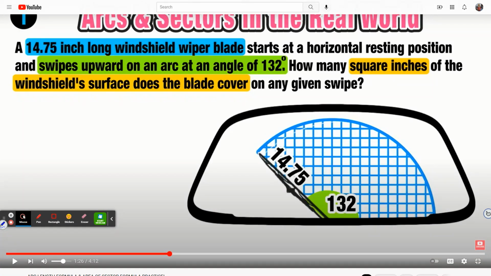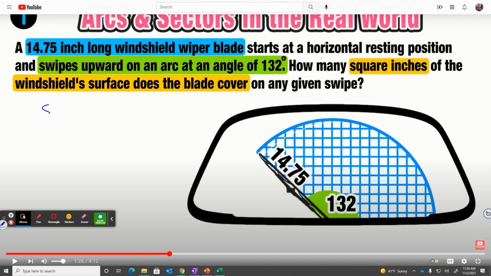All right, go ahead and give that a shot real quick. It's A equals theta over 360 times pi r squared.